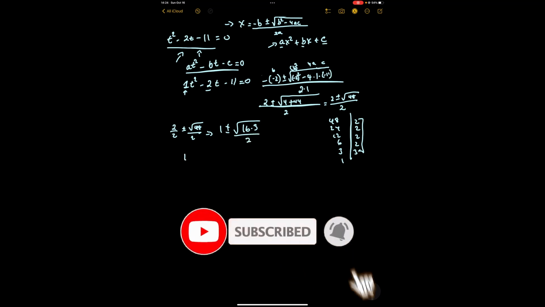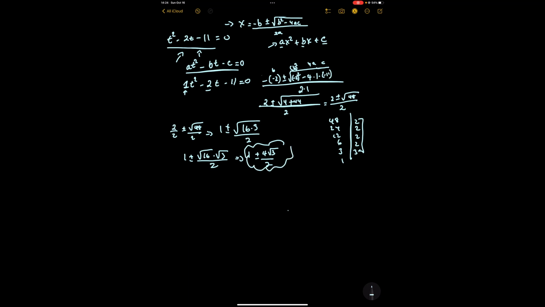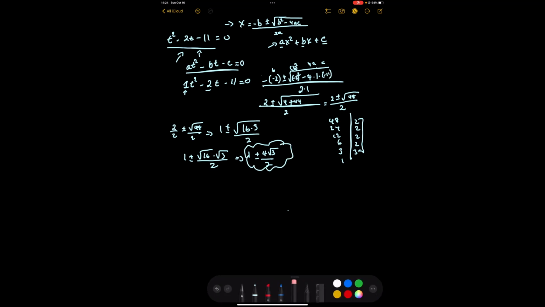And so that would be equal to 1 plus or minus the square root of 16 times the square root of 3 over 2, which is equal to 1 plus or minus 4 square root of 3 over 2. And that is the answer.